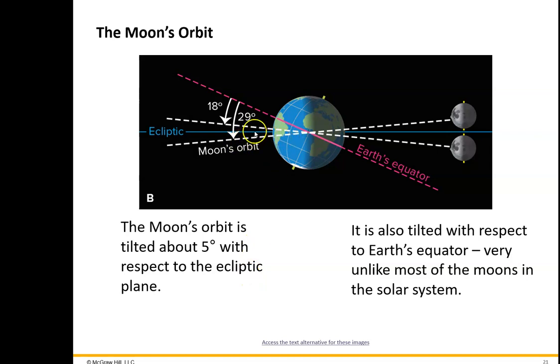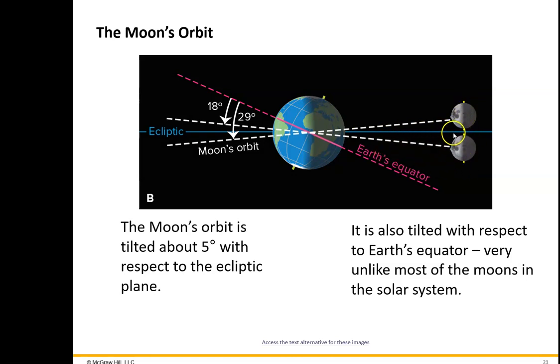It's only when the moon is crossing the ecliptic that you can get eclipses, depending on which direction the sun is. You can have a solar eclipse where the moon is blocking the sunlight, or a lunar eclipse where the moon is in the Earth's shadow.